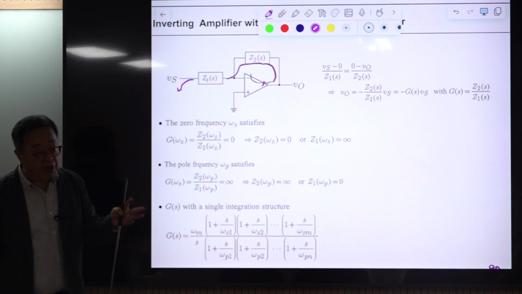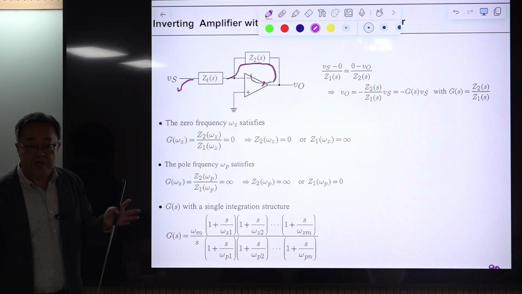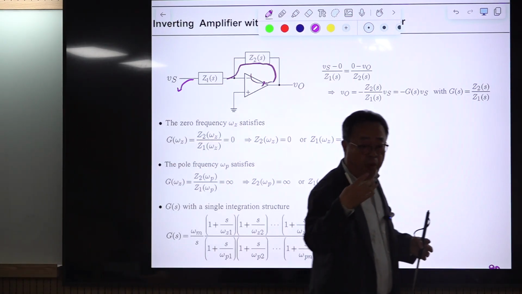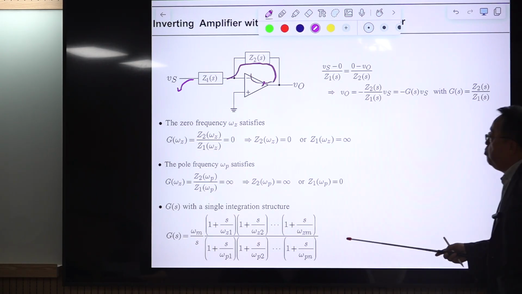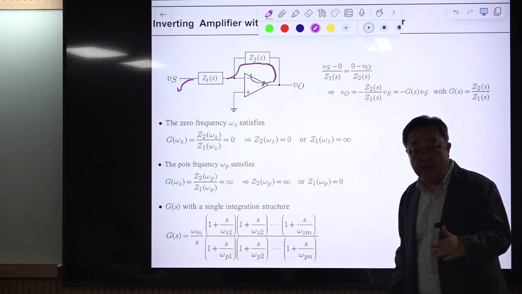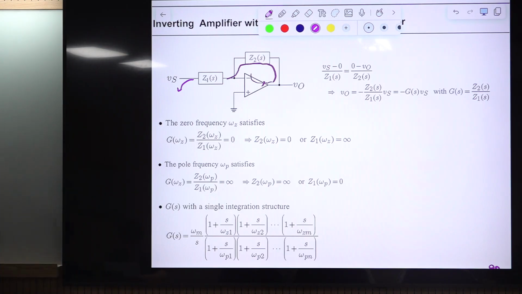Why are we not using a double pole or double zero? It is very difficult, almost impossible, to place them. Sometimes we place a pole and zero to cancel something. If they match exactly, the cancellation will be like this. If there is some mismatch, the result will be something similar to this.